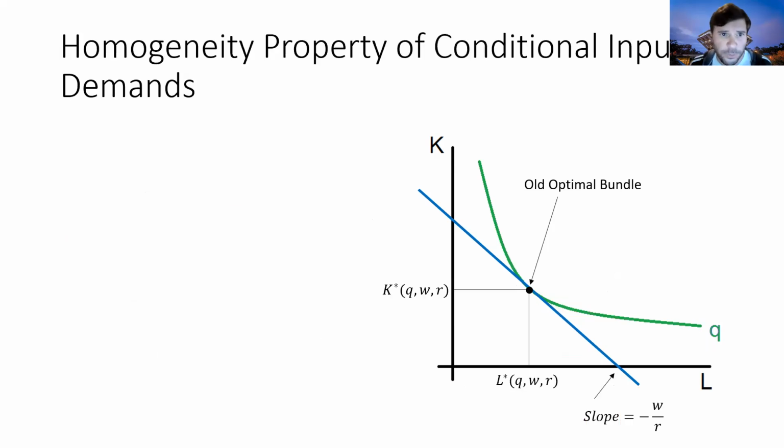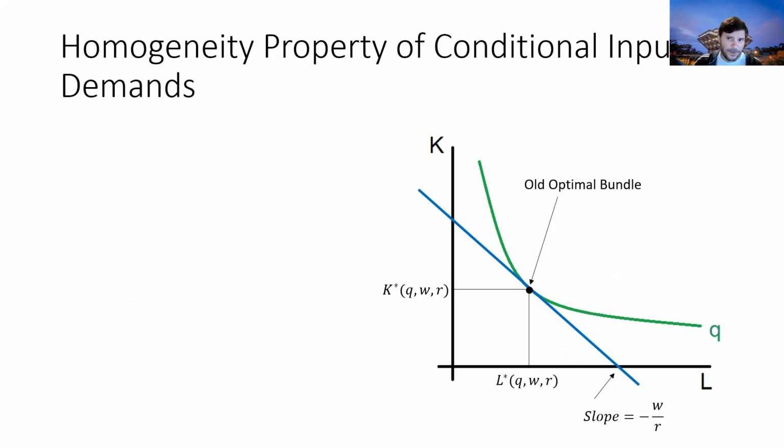Hopefully you remember that if a function is homogeneous of degree alpha, you can scale all the inputs up by some factor lambda, and then the output will scale by the factor lambda raised to the alpha power.